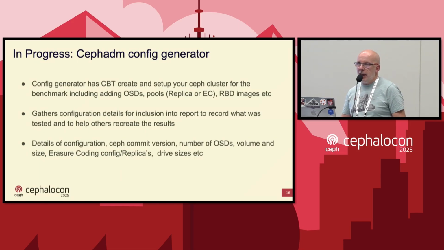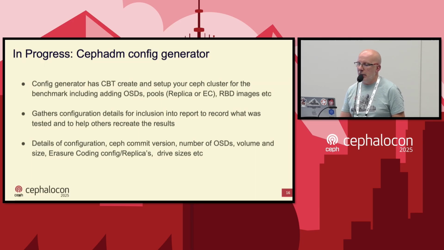Another thing we're currently working on is that CBT has had a lack of Ceph ADM support, so we're currently writing a configuration generator to make creation of the Ceph clusters much simpler.